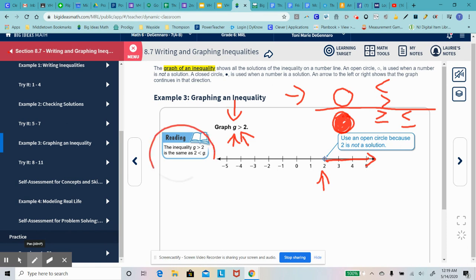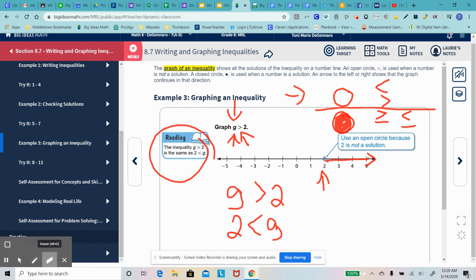They're saying over here that 2 is less than g is also correct, and that's true. But I need you to be careful. If g is greater than 2 and you want to reverse it, look what has to be reversed. Your inequality sign. So that's what you have to be careful of. Okay? So just make sure that if you're going to be switching things, you also switch the inequality sign. Okay.